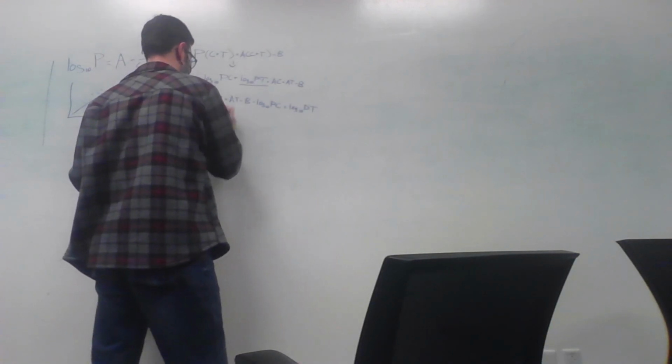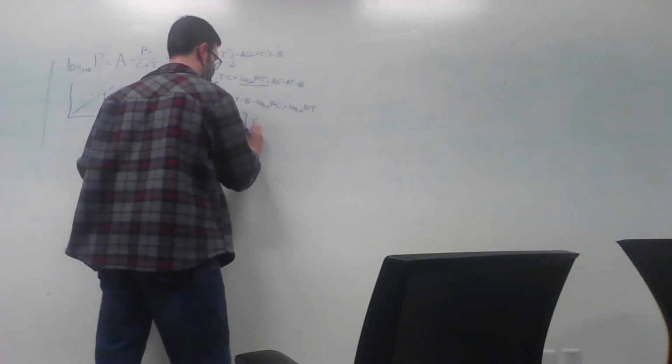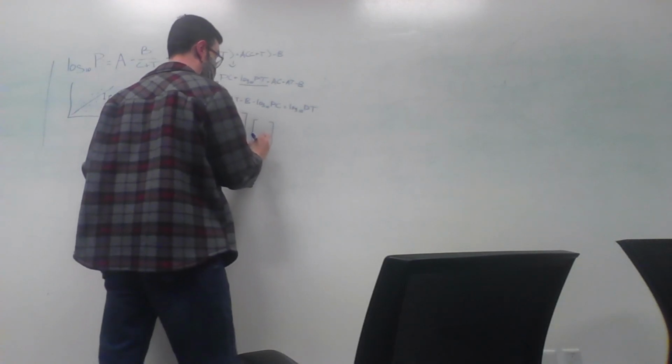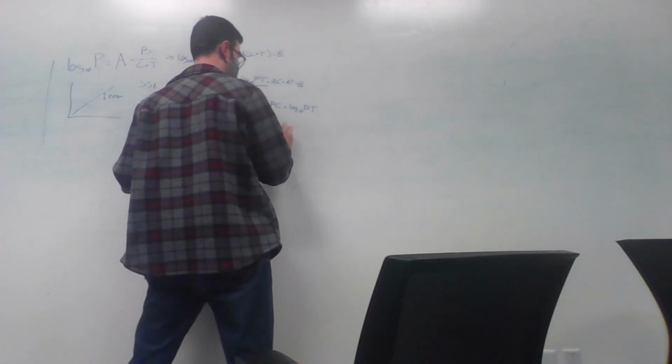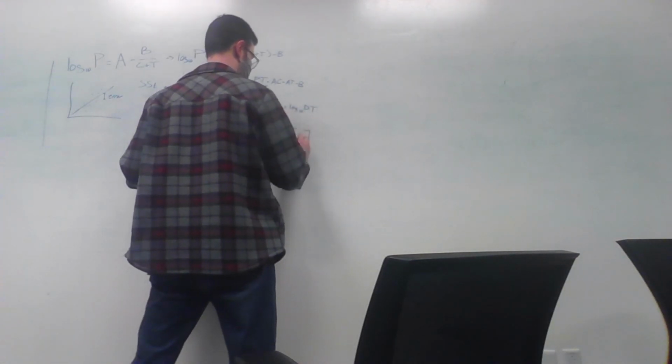I'll draw a matrix of variables, we'll call it vector V. We'll call this design matrix, or DM, equals another matrix here. We'll call this result.